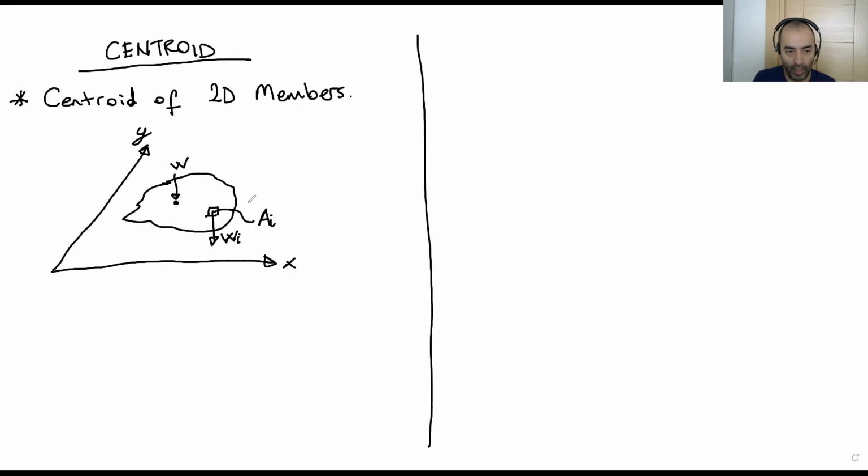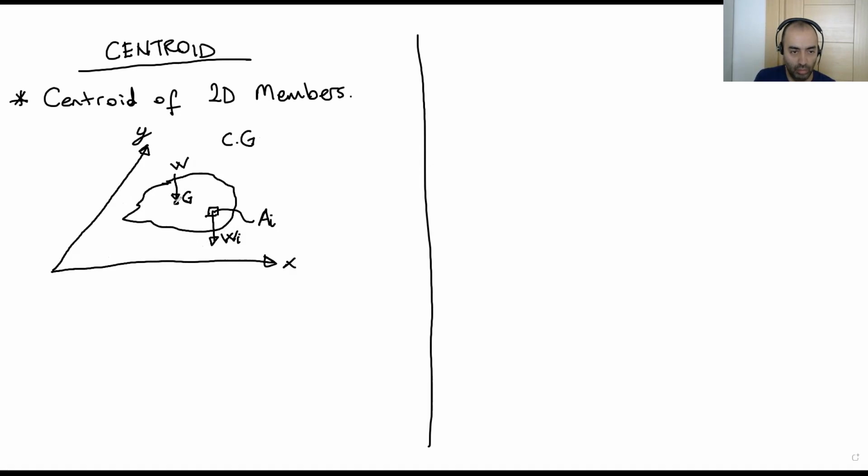So we will combine all these weights. That's okay. I'm gonna get the total weight, but where I'm gonna put this weight? I'm gonna put this weight to the center of gravity point. Let's say we call this G, or sometimes you can see CG, center of gravity point, this one.